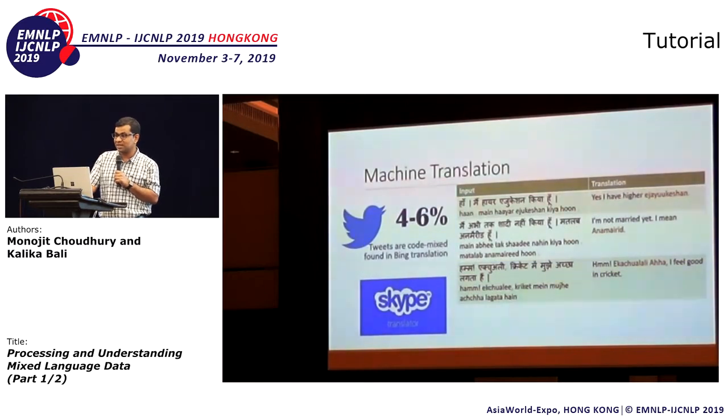This is the statistics from Bing Translation. And the application of machine translation, for example in speech-to-speech translation using Skype speech-to-speech translator, you will often find people speaking in code mixed languages.